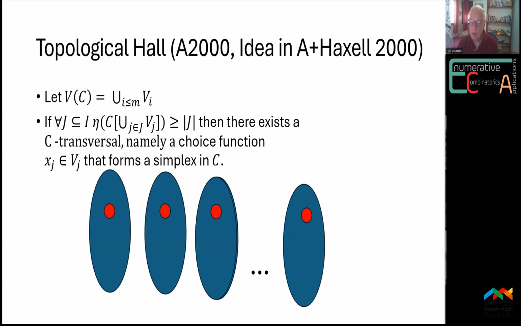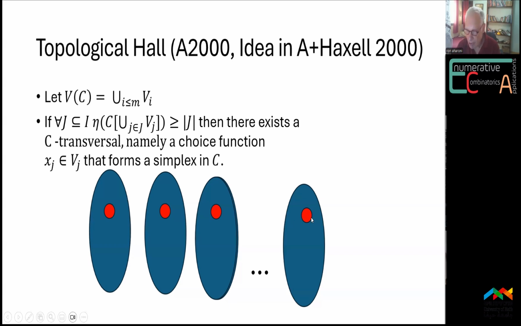Okay, the other tool which we're going to use is topological Hall. Topological Hall is the following. You have sets V1 up to Vm, let's say, and there is a complex on them. You don't see it, but there is a complex here. So a hypergraph. And what you want is, like in Hall's theorem, choose one representative from each, and you want the set of representatives to be in your complex.